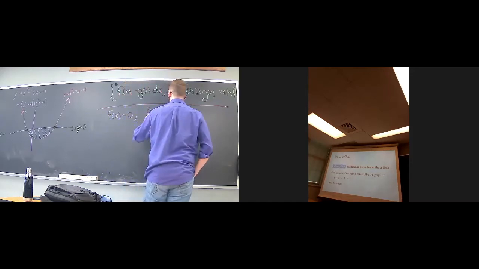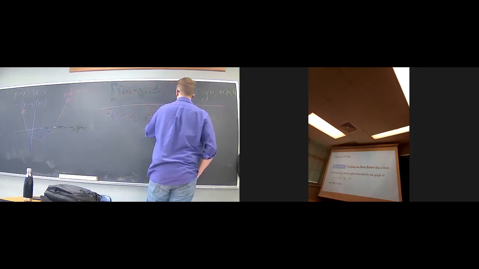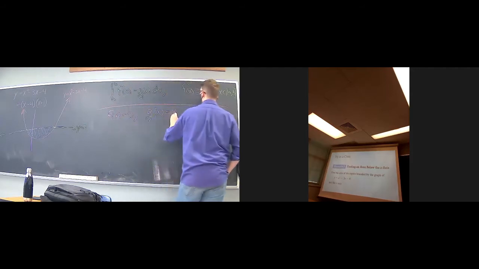So here, f of x is equal to 0, and g of x is equal to x squared minus 3x minus 4.